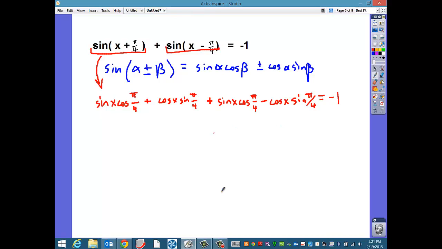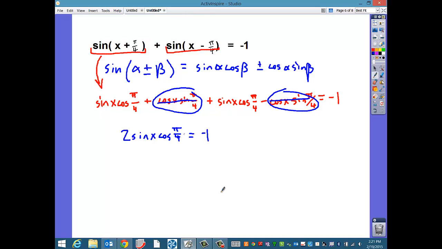Now you see how nice this is? I can already start eliminating stuff. So this is equal to this, and it's gone. And now from these two, I have 2 sine x. Now you know what? I'll do it next. 2 sine x cosine pi over 4 equals -1.